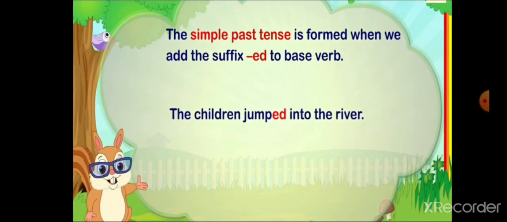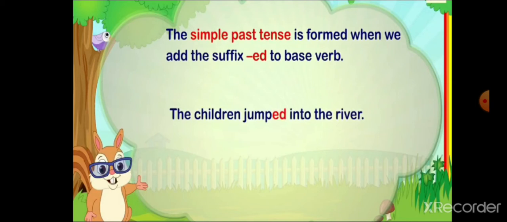Now we will talk about the simple past tense. The simple past tense is formed when we add the suffix ed to the base verb. Means students, we have to add ed to the base form of verb. So it indicates simple past tense. Means it tells that the action was performed in the past or the action was completed.